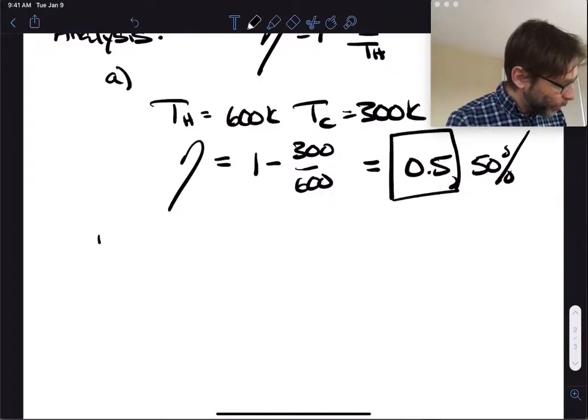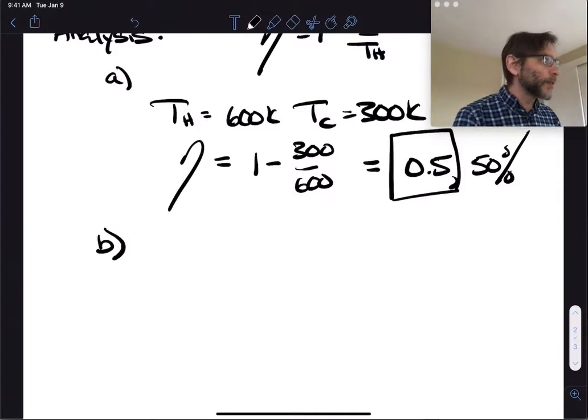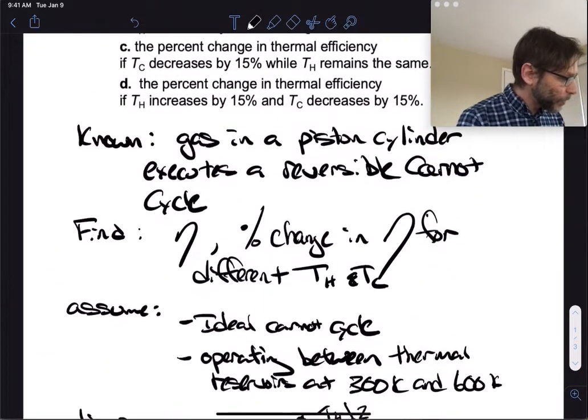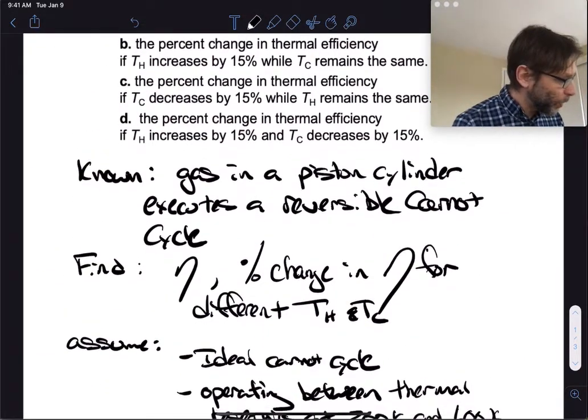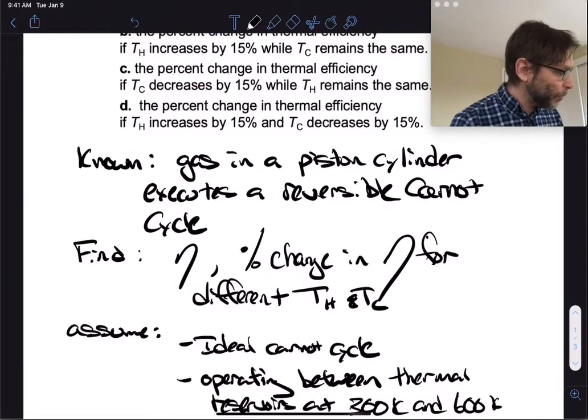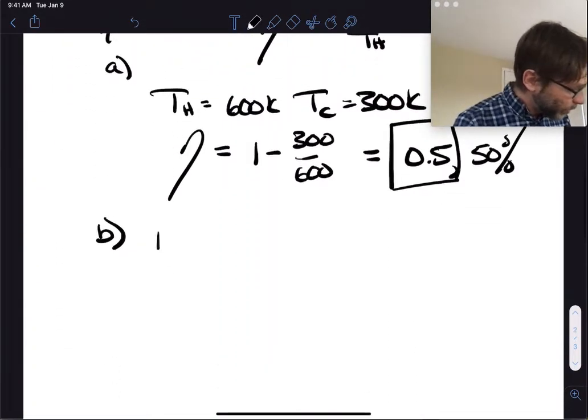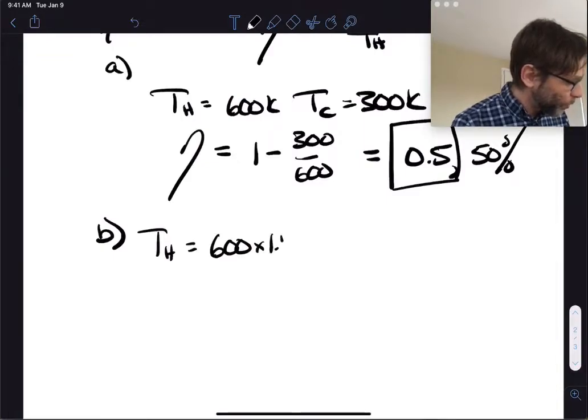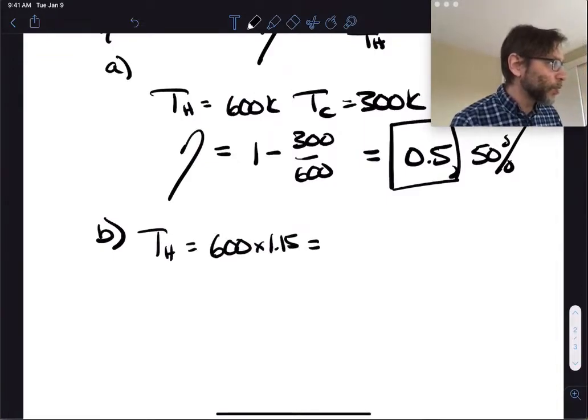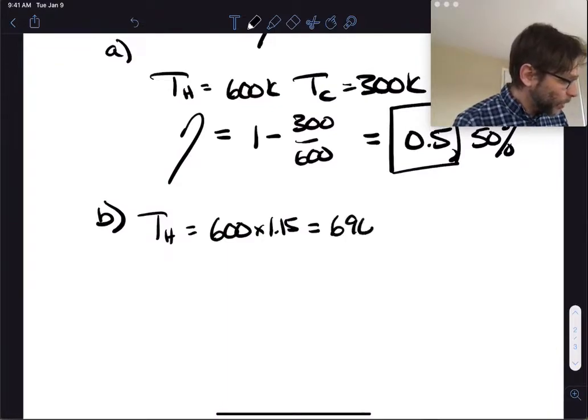Okay, now if we went to B, the first thing it says is what if we increase TH by 15%? So TH is then equal to 600 times 1.15, which is equal to 690. TC remains at 300.